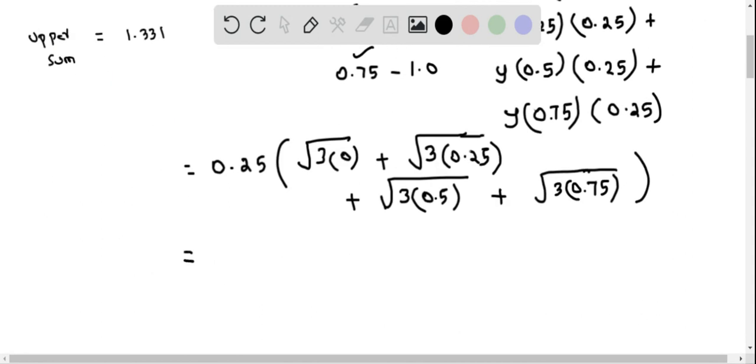And so we can evaluate this numerical expression by plugging in each of the square root expressions, determining that value and adding them together, and then finally multiply with the constant width, which is 0.25. And so when we do that, we get 0.898 as the lower sum.